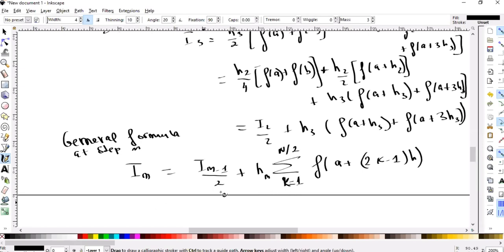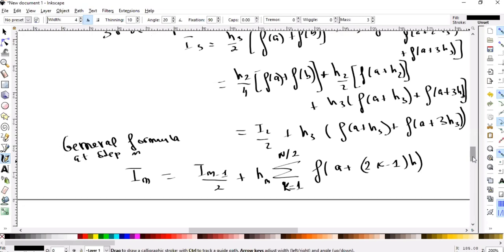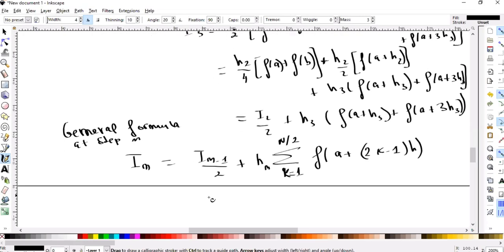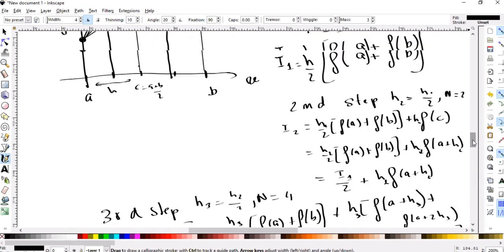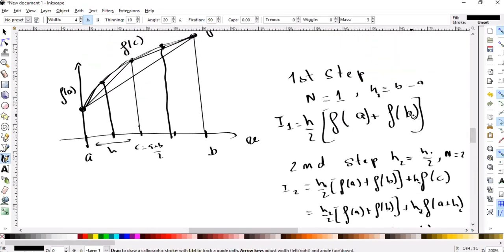I will tell you why, because the only difference between the two programs, the same formula, the same algorithm, is, like I said, the first point and the last point. So if you change this value for I1 now, the I1 was H F of A for a rectangle. At the first step, what I mean by I1 is the first step.